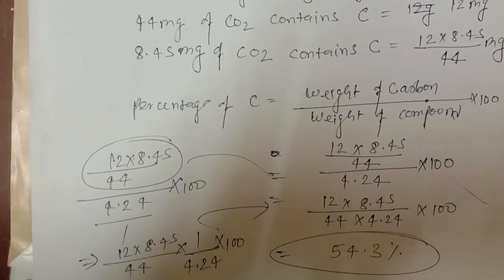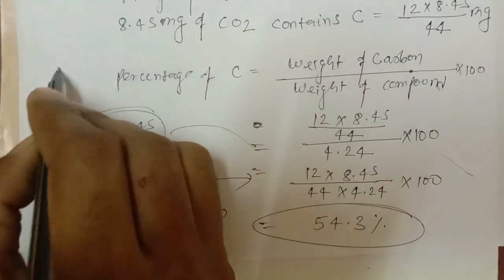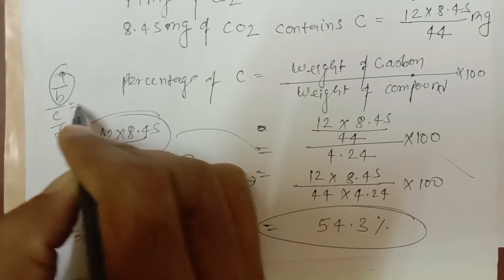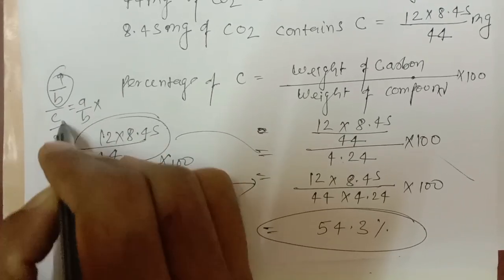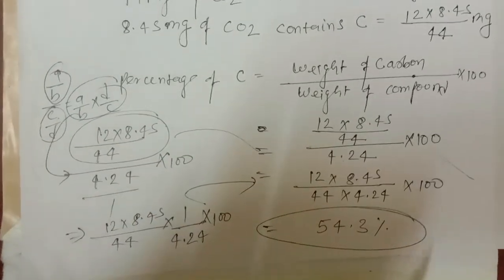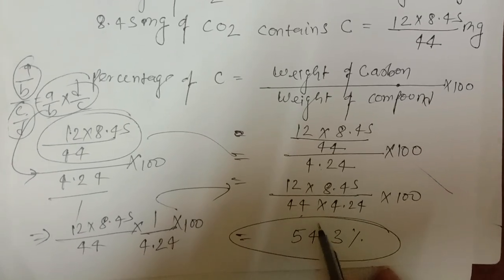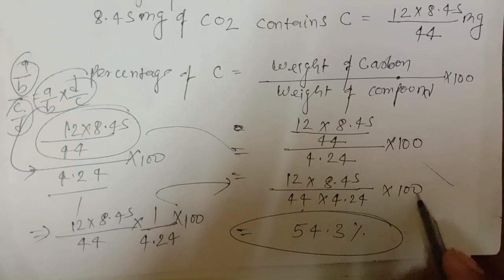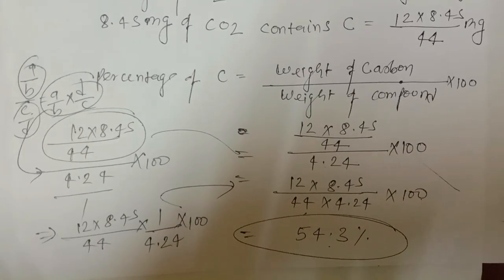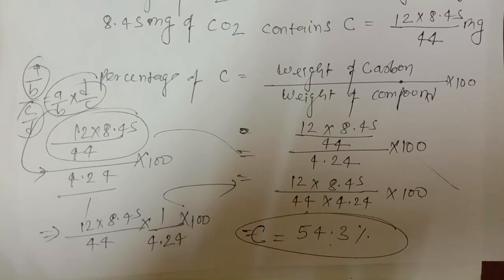Here I applied the formula that if A by B upon C by D, then the numerator remains A by B and the denominator is reversed, D by C. After solving you get 12 into 8.45 divided by 44 into 4.24 into 100, which is 54.3%. This is the percentage of carbon. You can write carbon equals 54.3%.